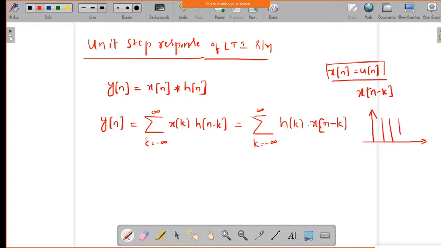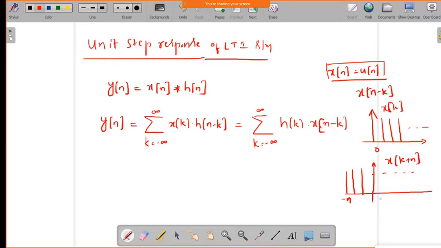Now if I take x of n plus k, it is shifted by n units in the backward side, that is x of k plus n.